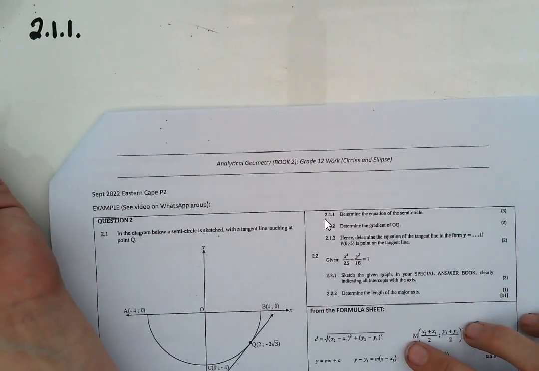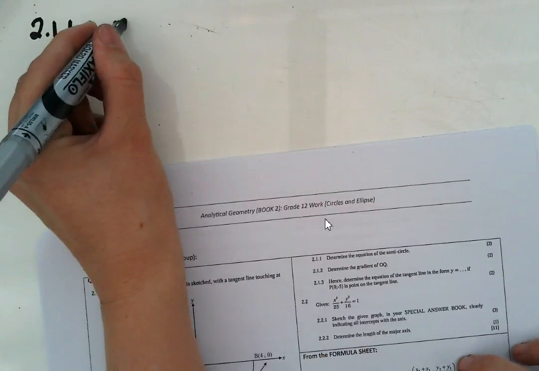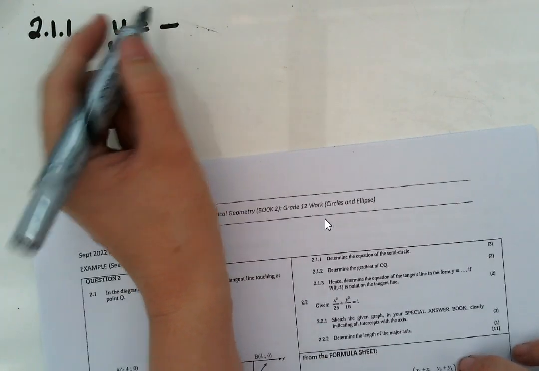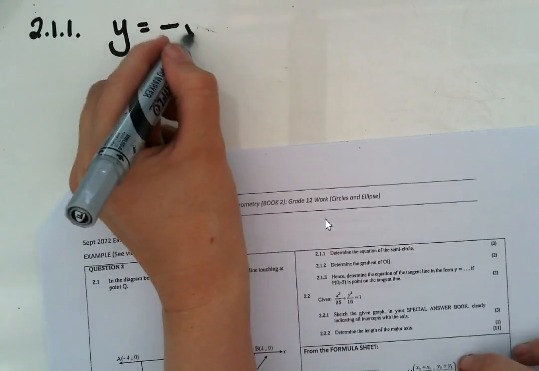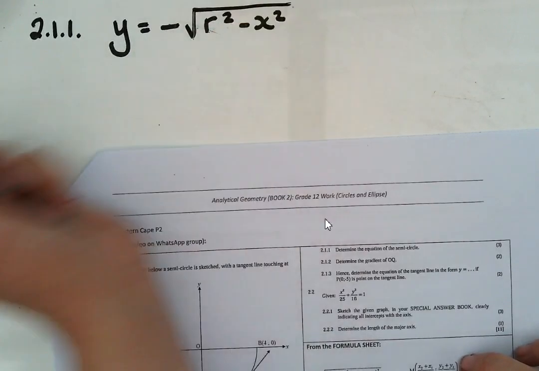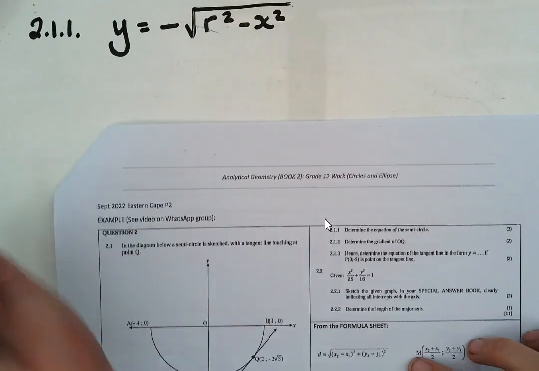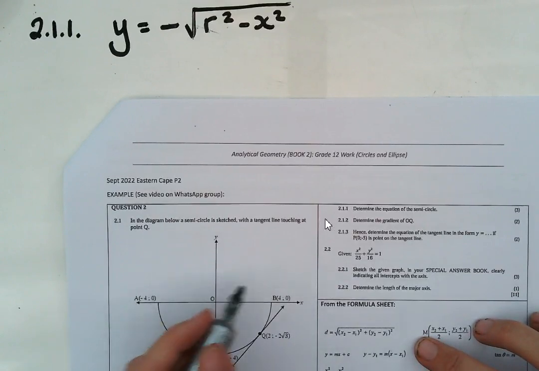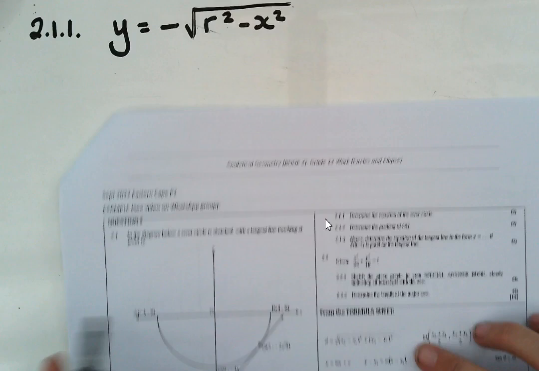Right, determine the equation of the semicircle. So the semicircle will be the negative part, the bottom part, né, of a circle, which is y equals negative root of r squared minus x squared. That's what the equation looks like. Now I need to think, what is r, the radius? If I look at this, I see there are 4 units that side, 4 units that side, 4 units that side.